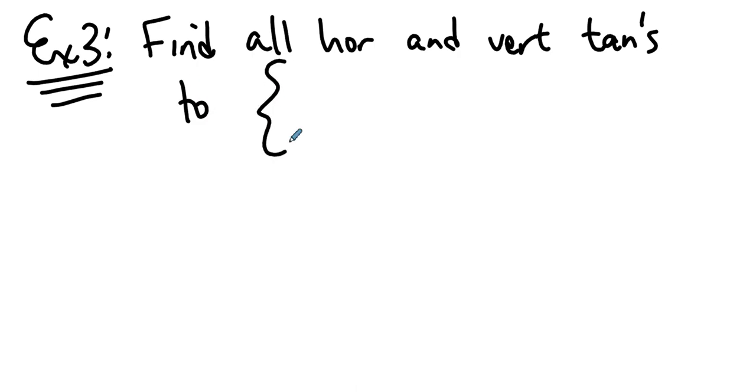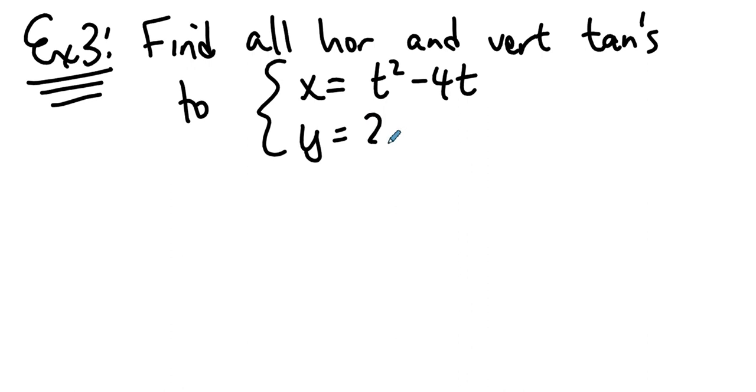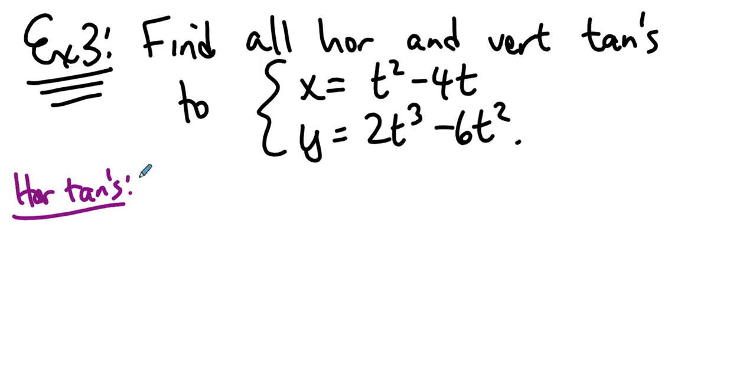Find all horizontal and vertical tangents to the curve with parametric equations x equals t squared minus 4t and y equals 2t cubed minus 6t squared. Running off of our side note from earlier, horizontal tangents occur where dy/dt is 0 and dx/dt isn't.